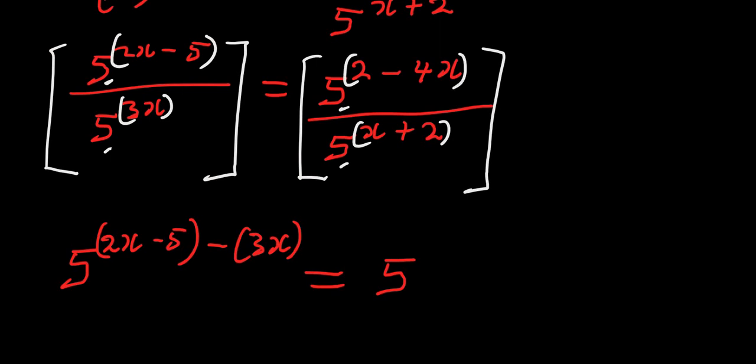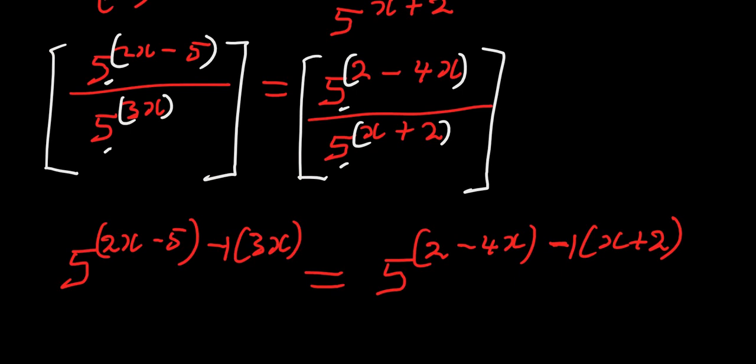So we're going to have 2 minus 4x in parentheses, minus x plus 2 in close parentheses. Now you have a negative sign here, so you can just write that as negative 1, and do the same here, negative 1. Okay, good.